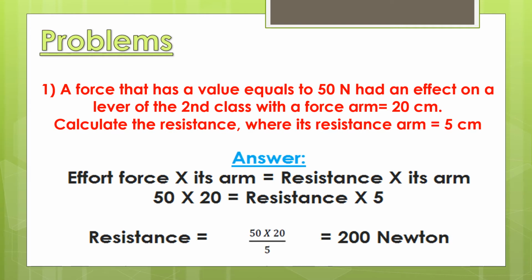So we are going to make a division, and we put the complete side, which is 50 multiplied by 20, in the upper side, while in the lower one we put the number which is alone. The resistance equals 50 multiplied by 20 divided by 5, and the answer will be equal to 200 Newton.